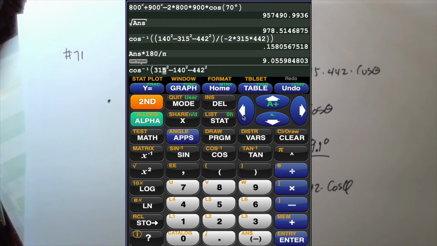So if you have a TI or this app, really you can just go insert and parentheses and put it in, which is a nice handy thing, so you don't have to retype the whole thing.